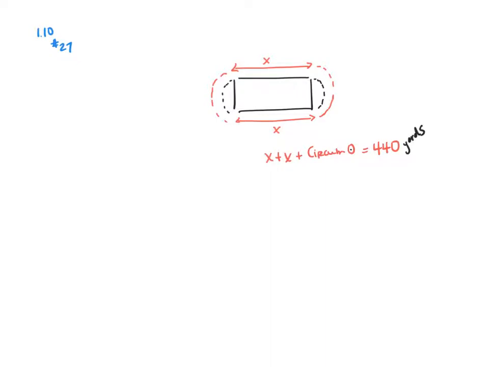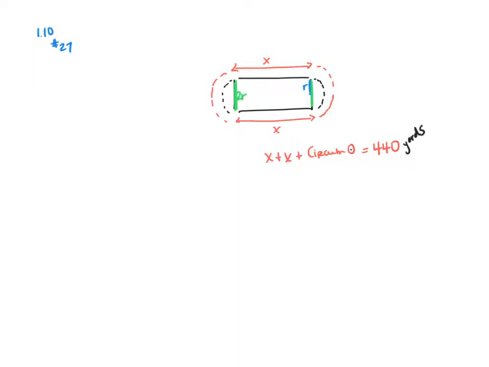So we do know that this measurement right here, because it's basically a circle, is a radius. So if I need to get this whole dimension at some point, that's going to be 2r, because that's a diameter, which would be 2 radii. Okay, so let's talk about what we know.